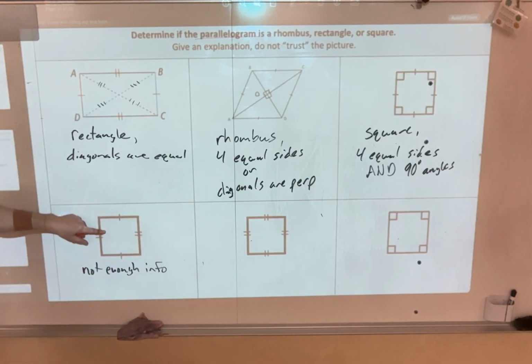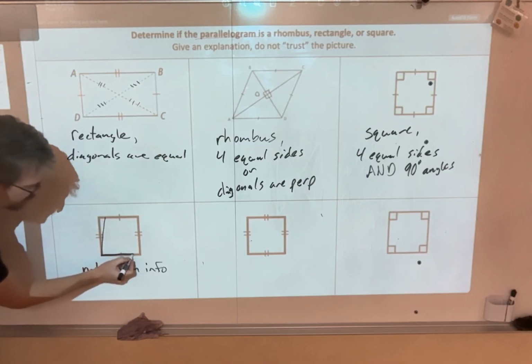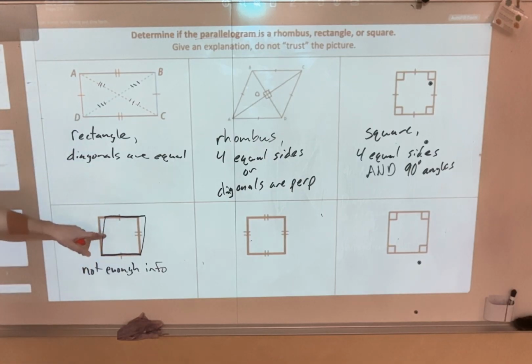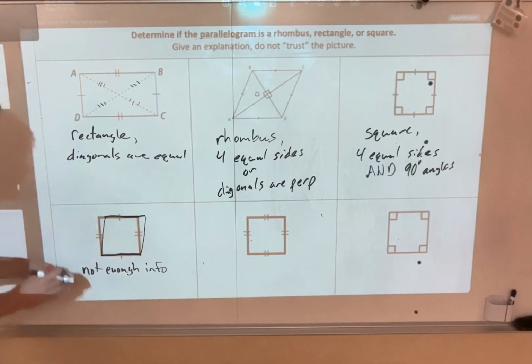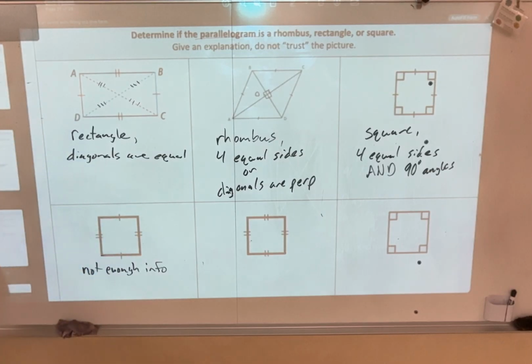We know it's a parallelogram based on the opposite sides being equal, but it could be that it's just ever so slightly off, right? And so it's not making a rectangle because it's just a little bit off like that. I just wanted to exaggerate that a little bit to show why we don't have enough information.